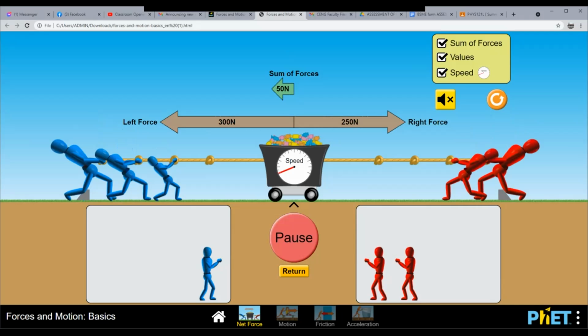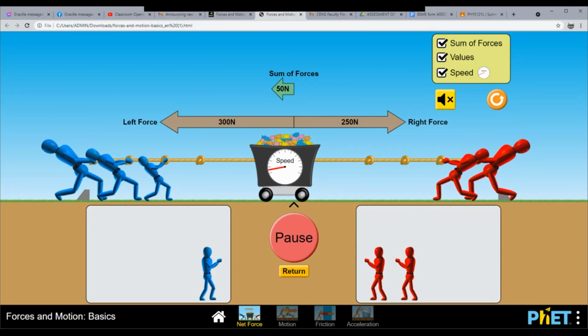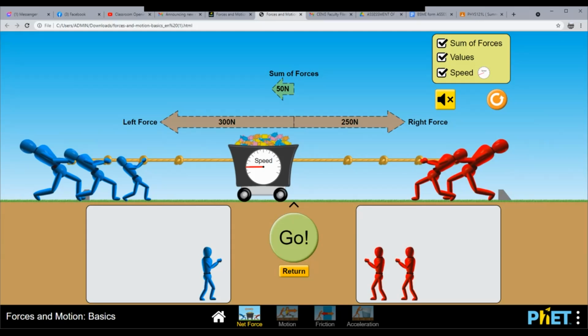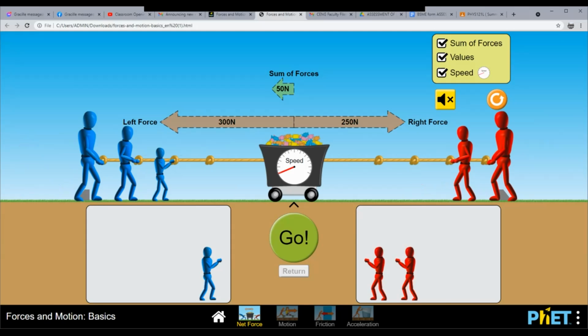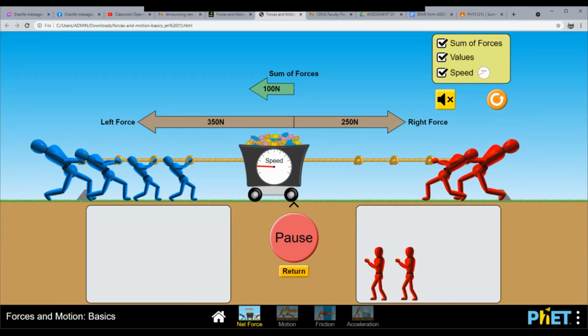So let's try. Okay. What would happen if we add up another 100 Newton here? Mas bibilis po yung pagpunta sa left. Okay. Very good. So the speed.